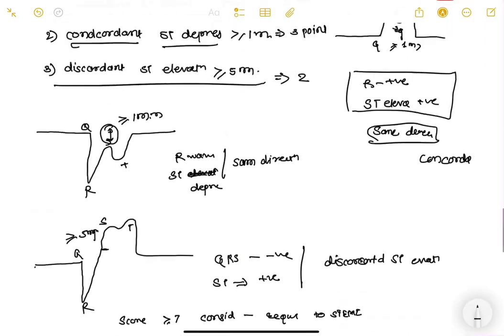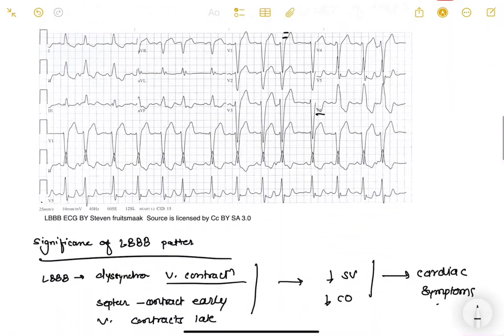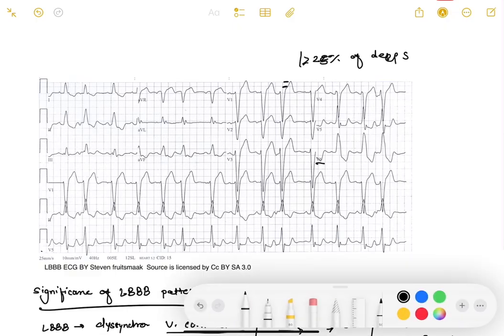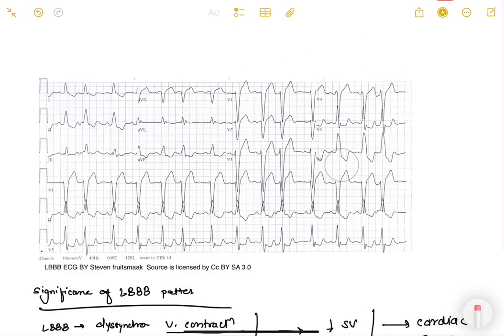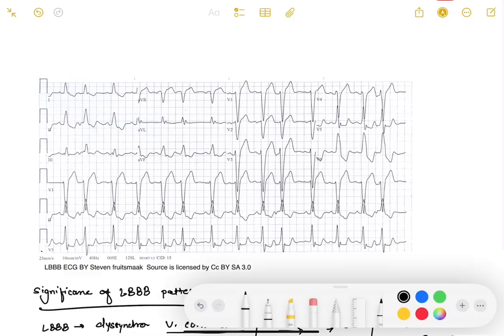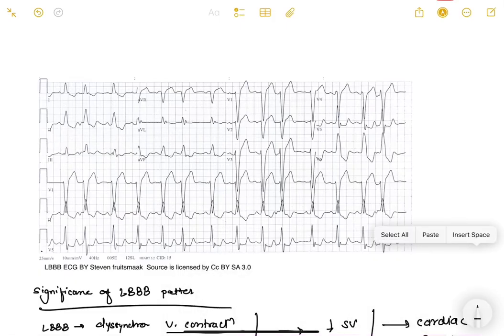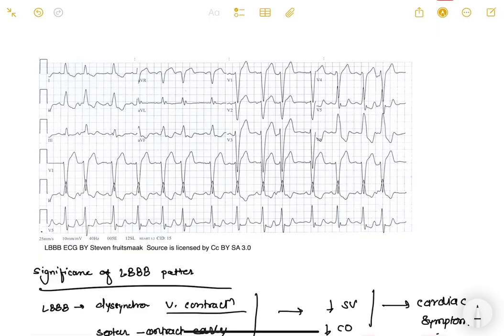Now let's study this on ECG. So consider this is the ECG of LBBB, and let's try to fit this patient in the modified Garbosa criteria. So we can say that there is a ST elevation, but that is not equal to 25% of the deep S wave.